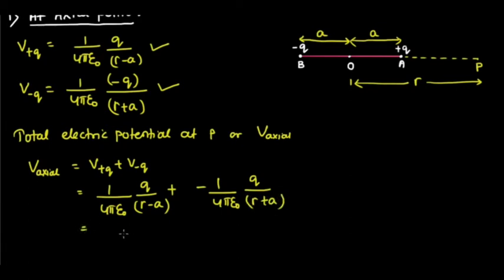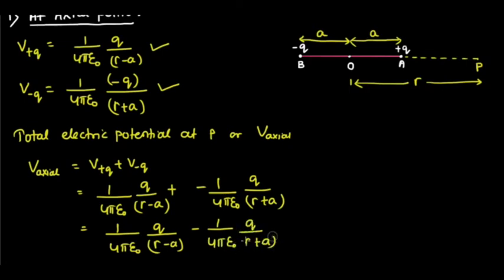So this is equal to 1 by 4 pi epsilon naught Q by R minus A, so plus minus will be minus, you will get 1 by 4 pi epsilon naught Q by R plus A.